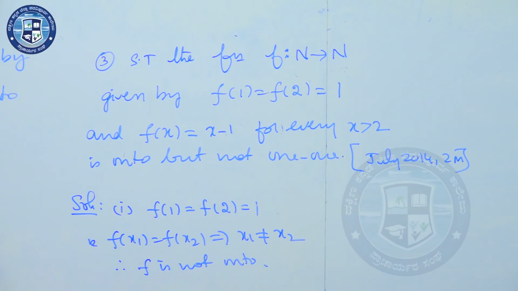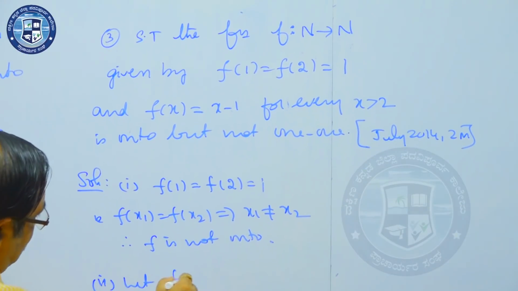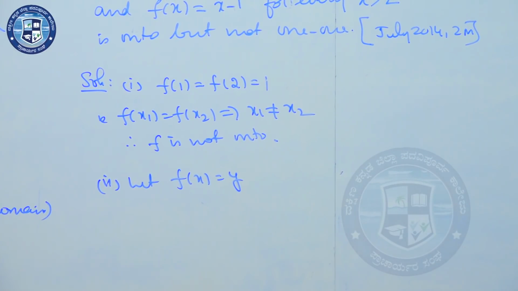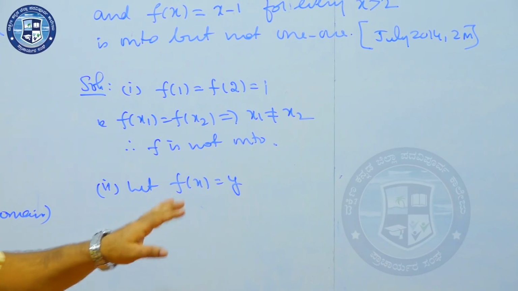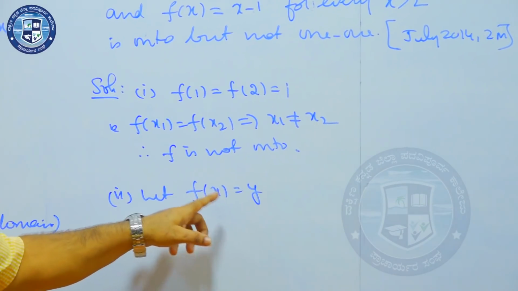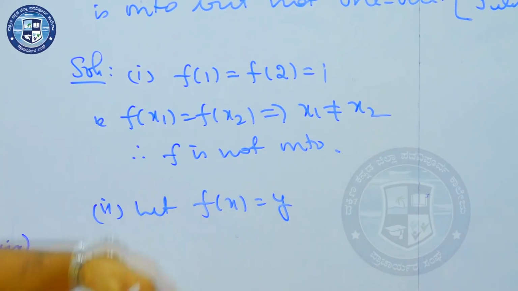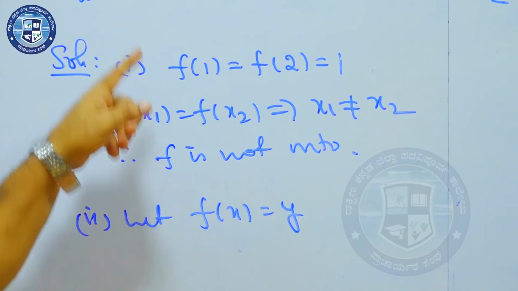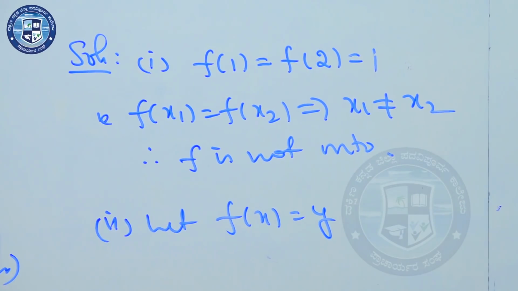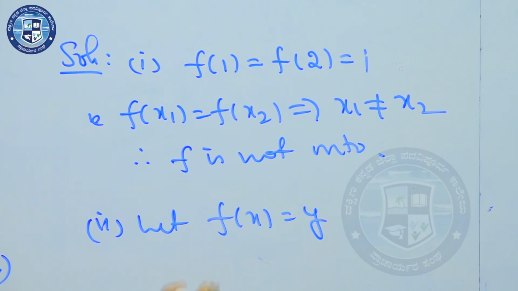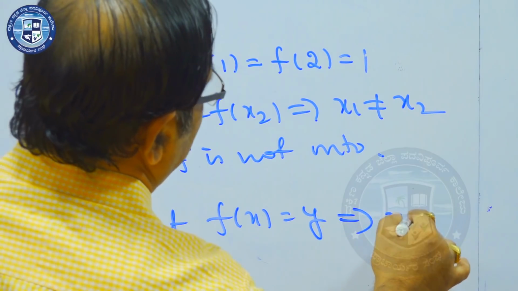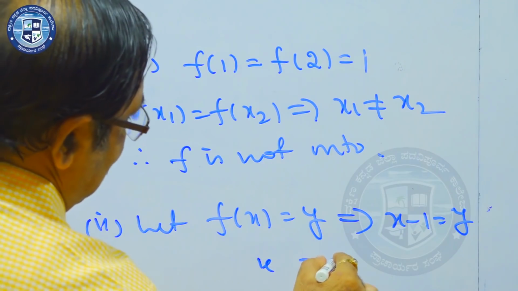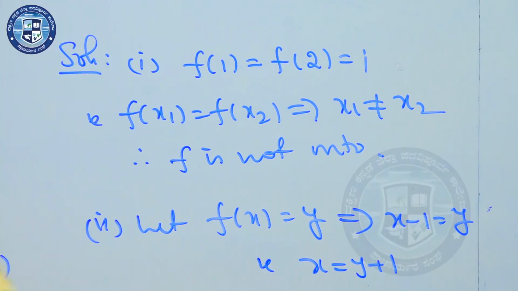Second case, let f of x be y. Generally, for proving or verifying an onto function, we always find an element y in the second set such that there exists an element x in the first set such that f of x is equal to y. So that implies, what is f of x? x minus 1, or that is x is equal to y plus 1.